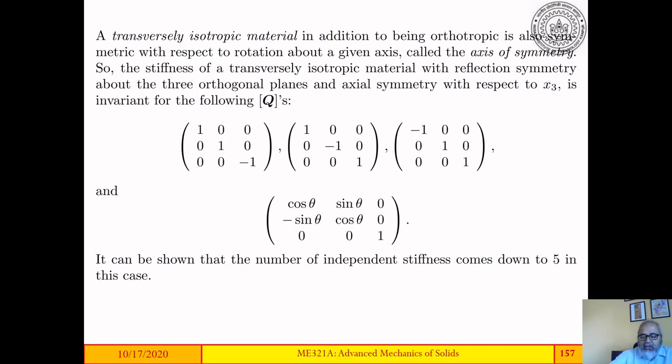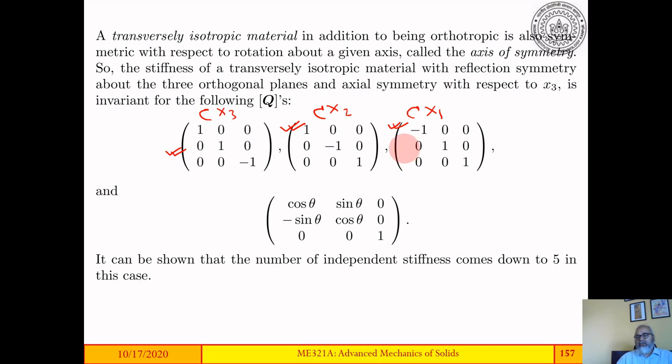So in an orthotropic situation, a rotation about x3, rotation about x2, or rotation about x1. So this is rotation about x1, and this is about x2, and this is about x3.